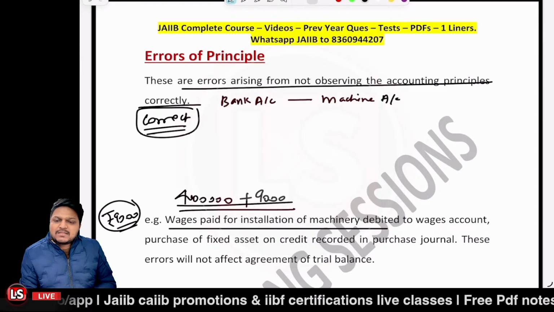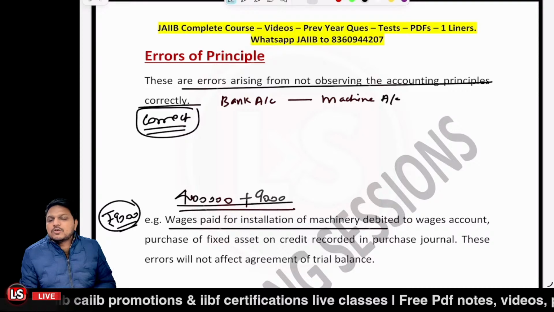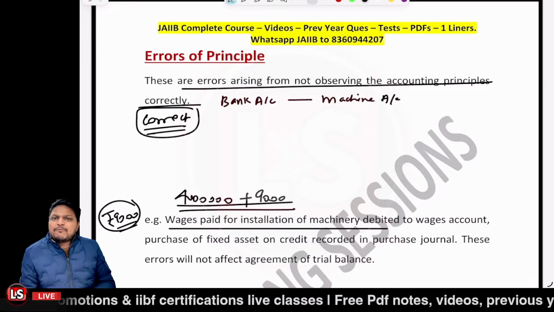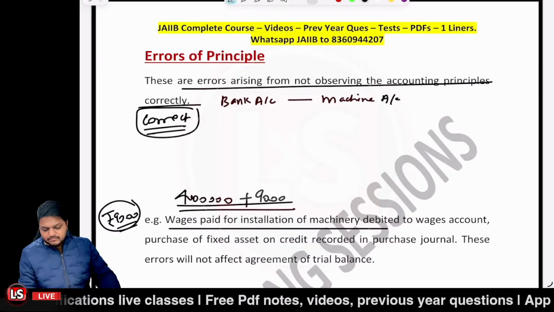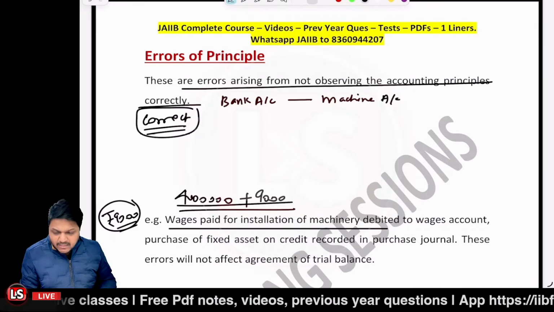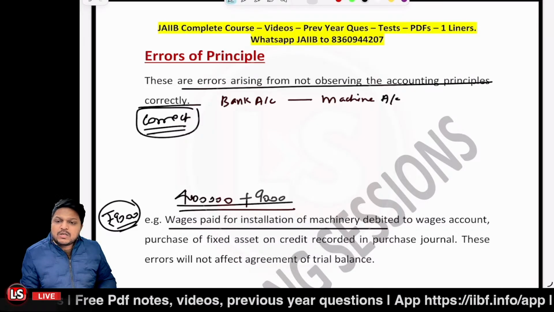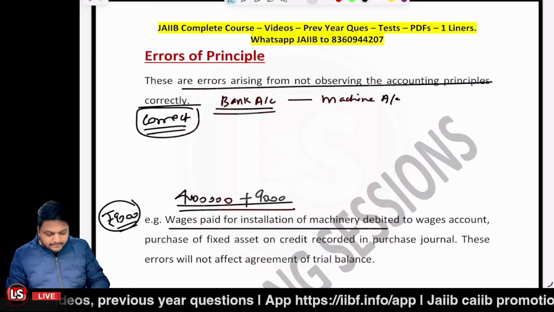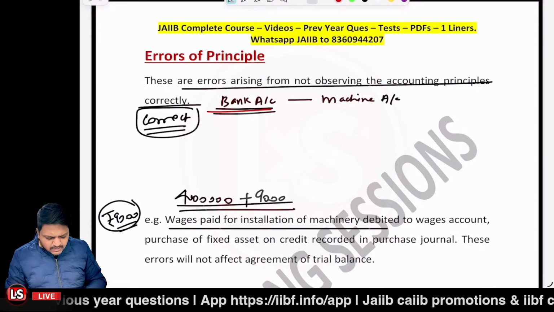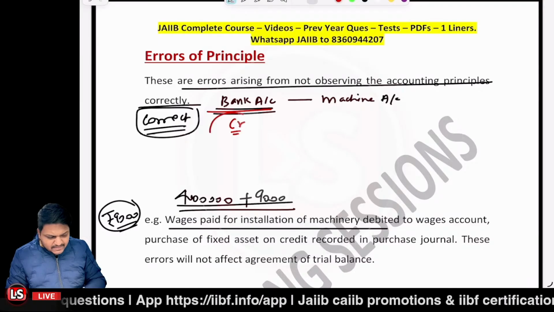When you purchase the machine, you paid for it, so the bank account is to be credited, because balance is going out.